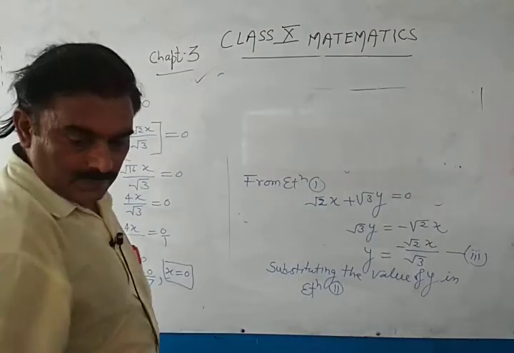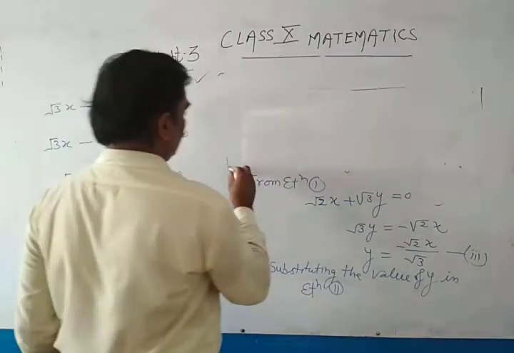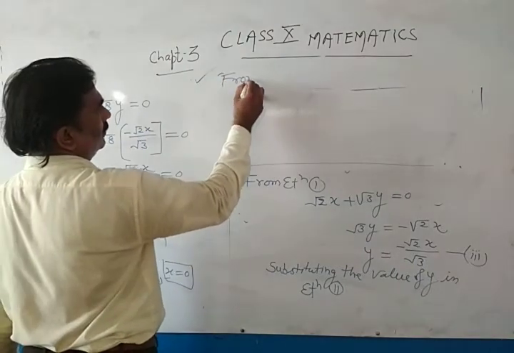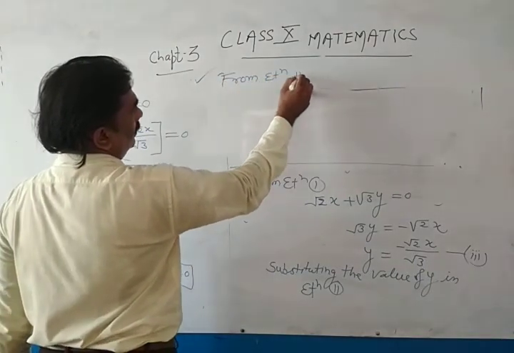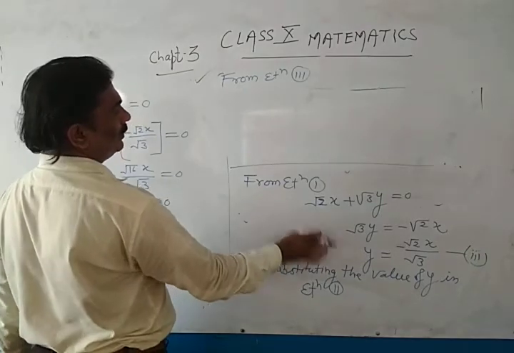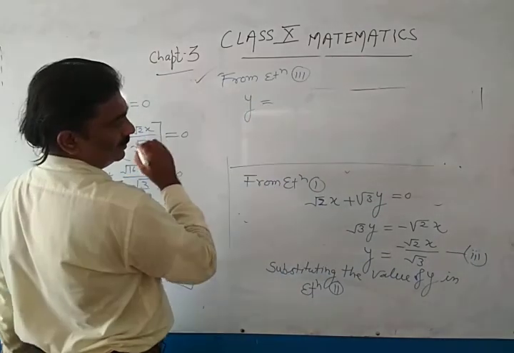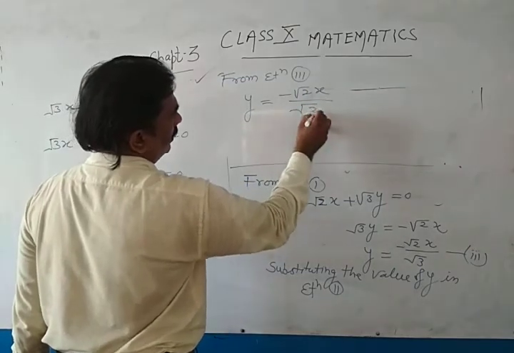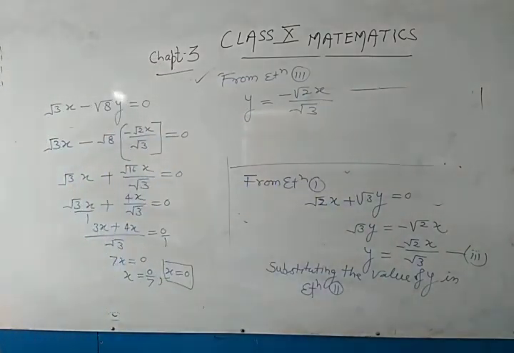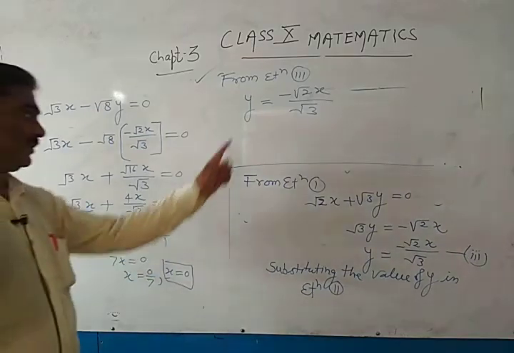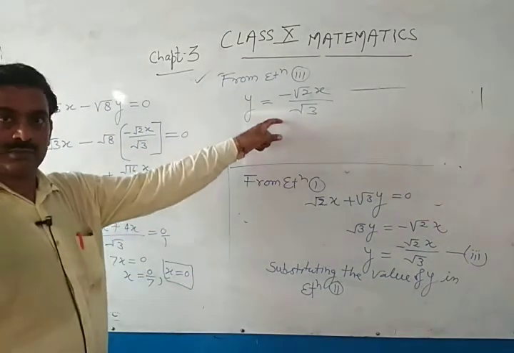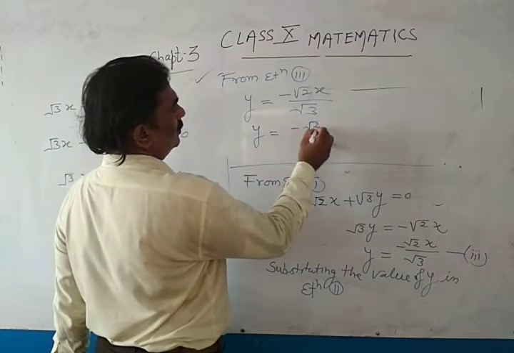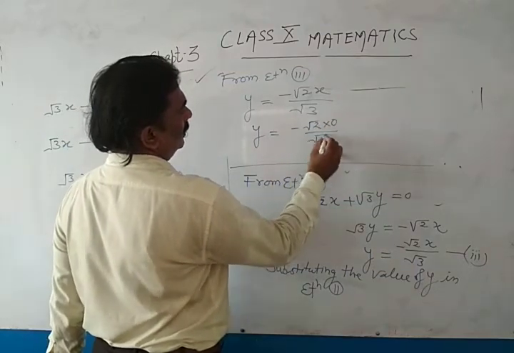Now, from equation 3, we have y is equal to minus root 2x upon root 3. This is equation 3, students. Now we will put the value of x in this equation. y is equal to minus root 2 into 0 upon root 3.